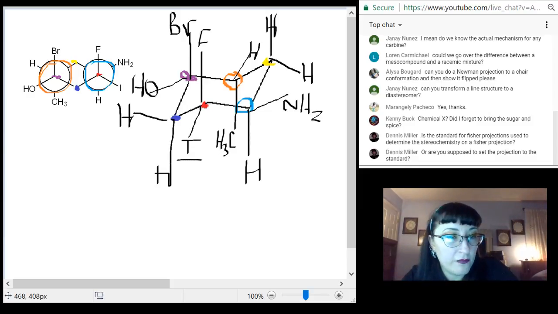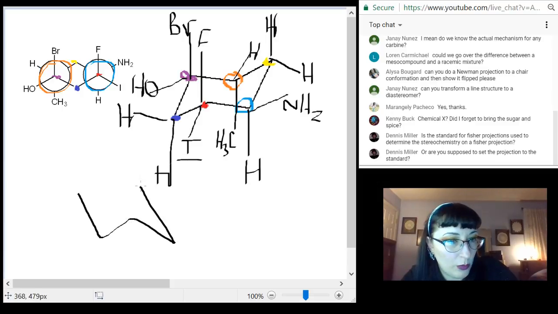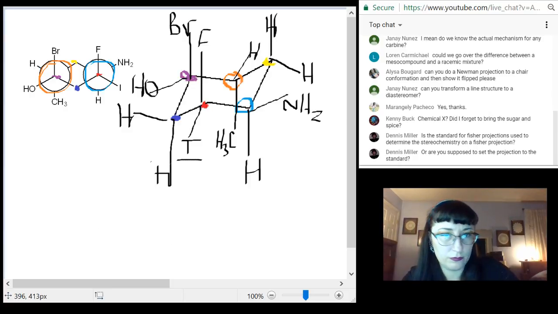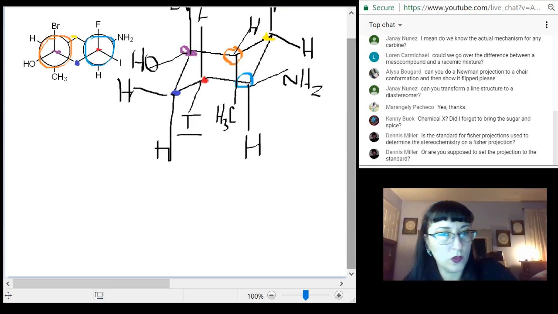You also have the ability to draw the flipped form of the chair, right? So that would be my flipped form of the chair. I'm gonna try and make a little more room.